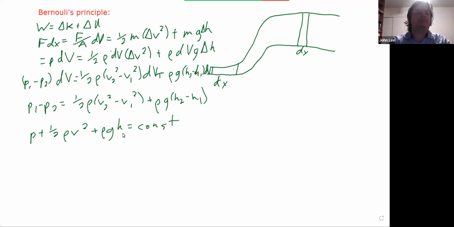And then P plus 1/2 rho V squared plus rho gh is equal to a constant. So if you have the same velocity at both points you're looking at, then P plus rho gh equals P plus rho gh, which just tells us that delta P equals negative rho g delta H, which gives us our initial equation for the pressure of a different system.